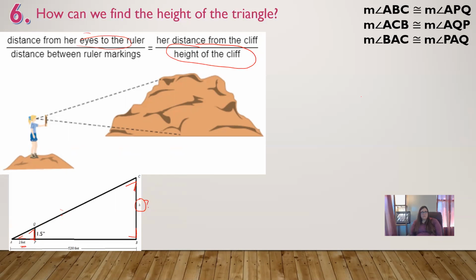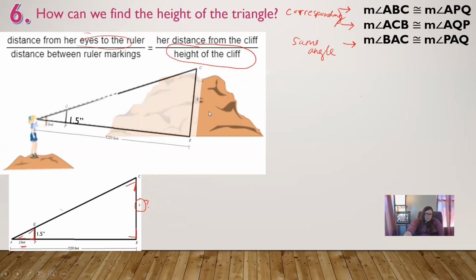So those are obviously the same. So with that being said, right here, this top one is a corresponding angle, and so is this one. And this right here is the same angle like we just determined. So these are corresponding. These two, this is the same angle. So now we're going to rewrite that formula. Let me click here one more time, so you can see that this triangle falls along with the cliff.